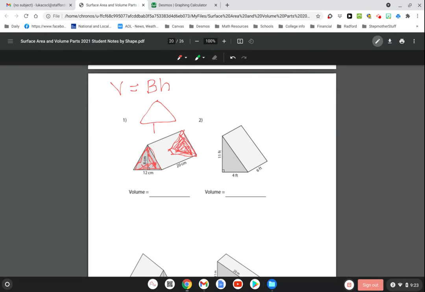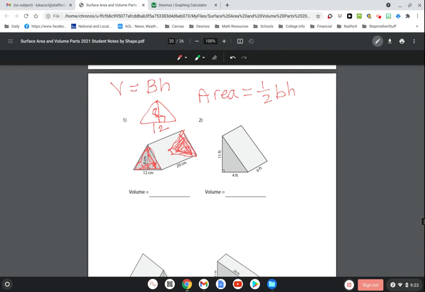That is a 12, and that is an 8. And those are perpendicular. They have a 90-degree angle. We need that to find the area of the triangle. The area of the triangle, if you look back at the first page, is 1/2 times base times height.